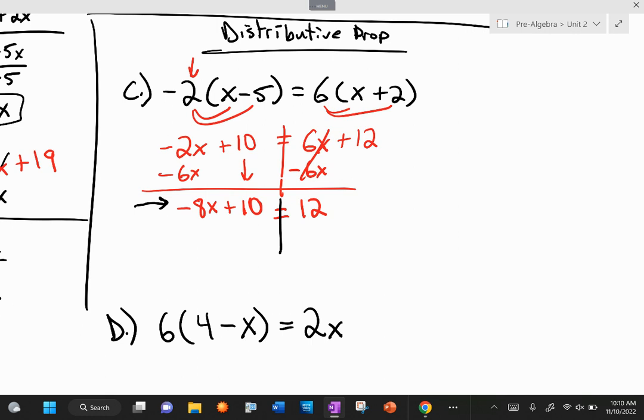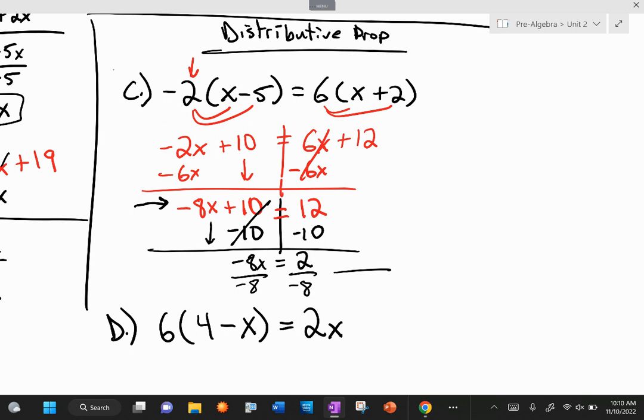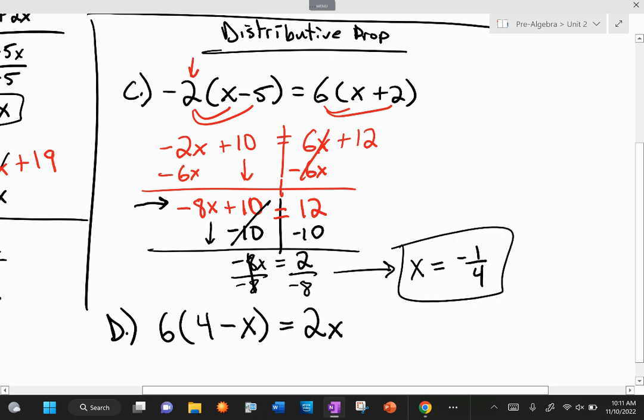Okay, here's letter C. That was wrong. What's that as a decimal?